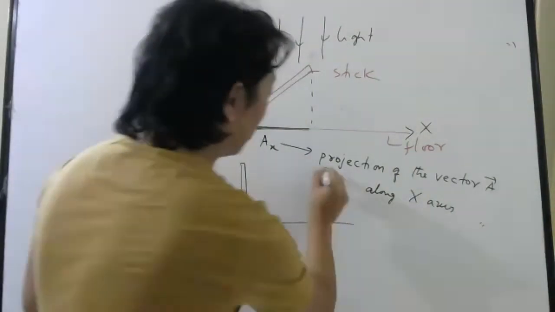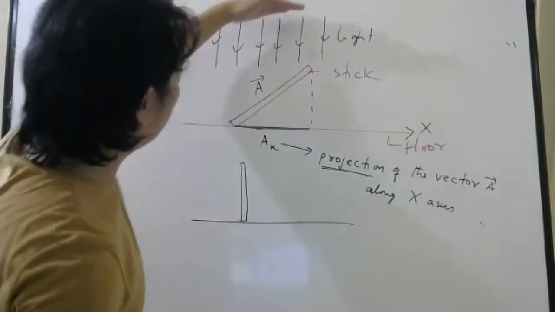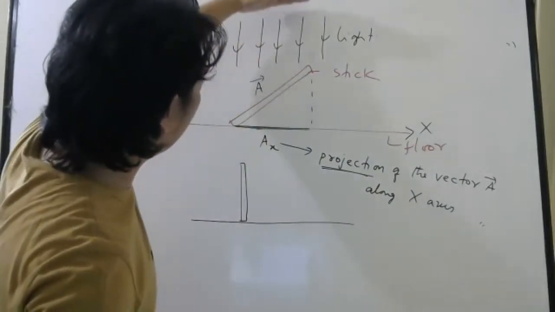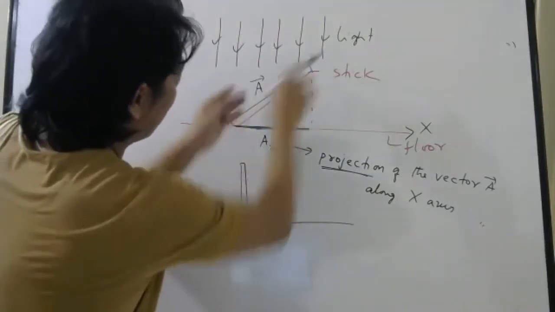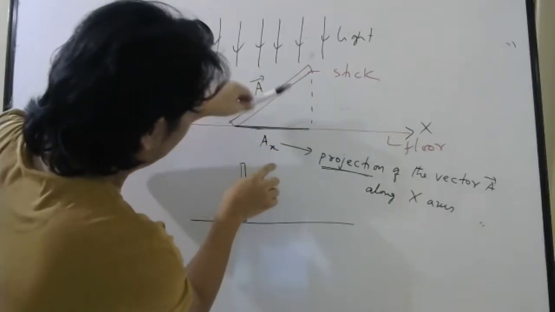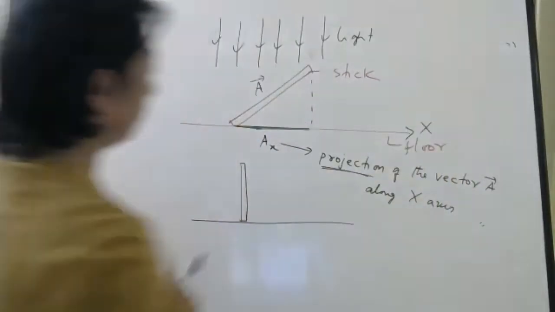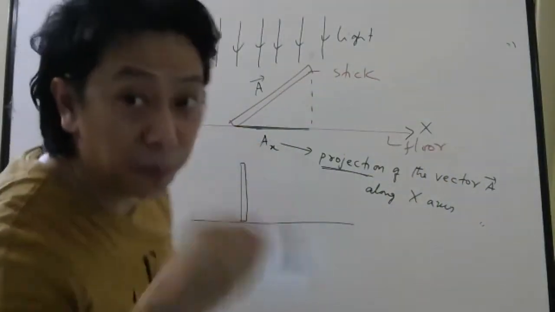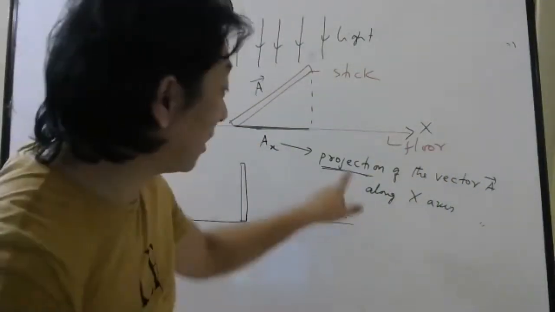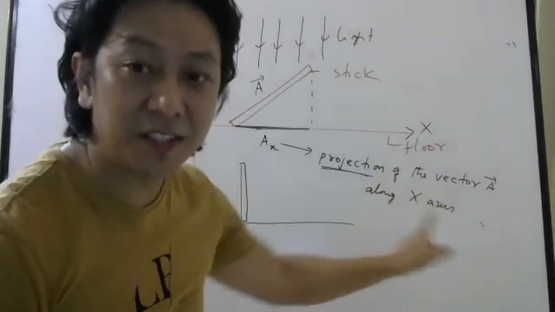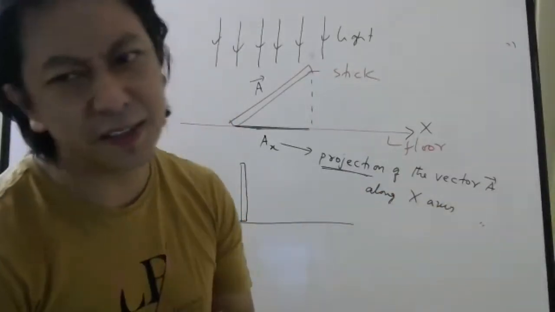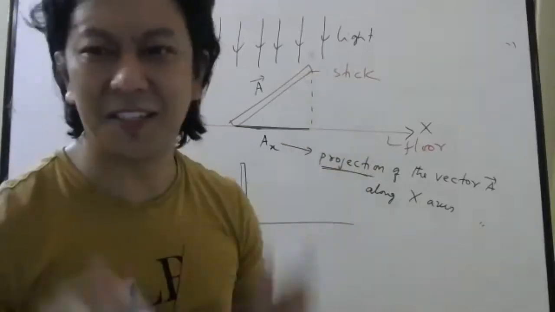The reason they call it projection is that if you project light from here, you will see the shadow, this much shadow will be projected on the floor. So we also call components the projection of the vector along some axis. It could be the x-axis, y-axis, or some other axis, it doesn't matter.